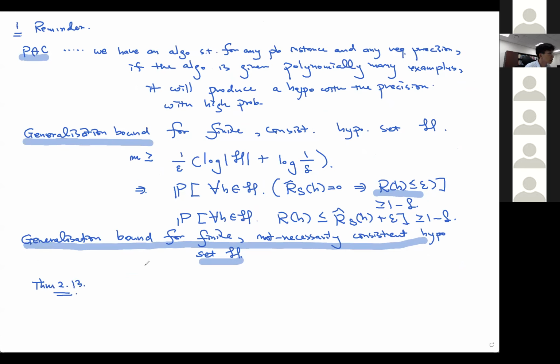It says that in a situation of the above, for any concept C, for any distribution, in other words, for any learning problem instance that we can think about, and for any required precision and required probability, we have the probability over samples S of size m.